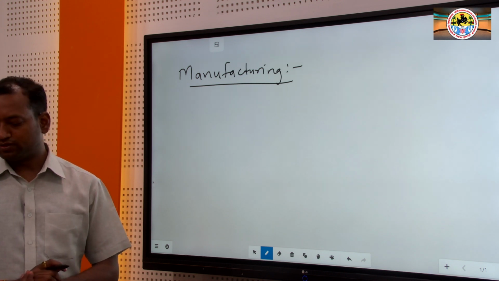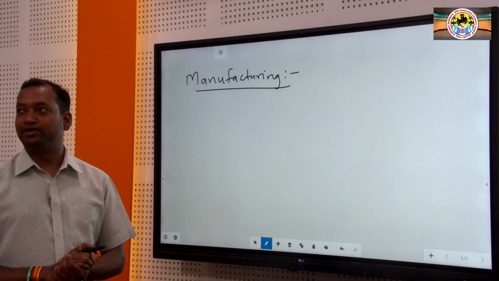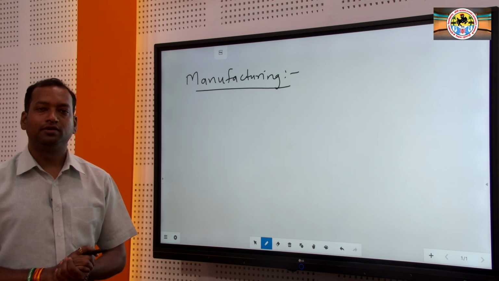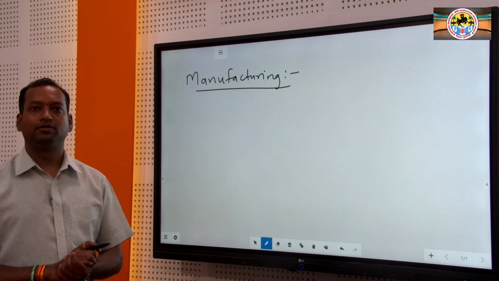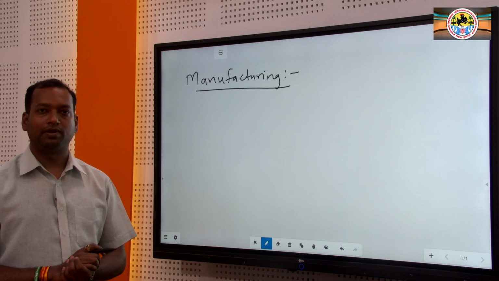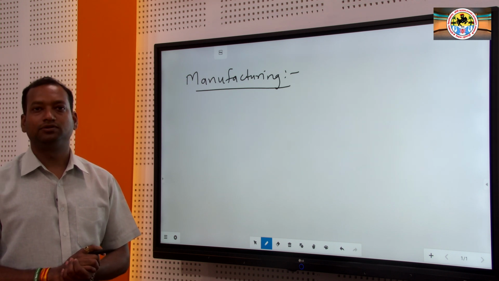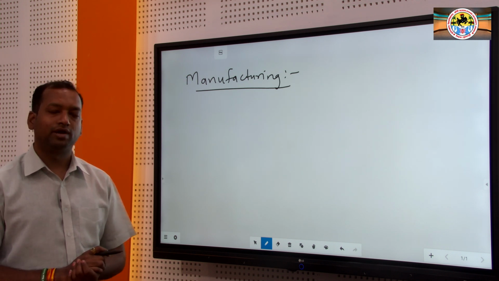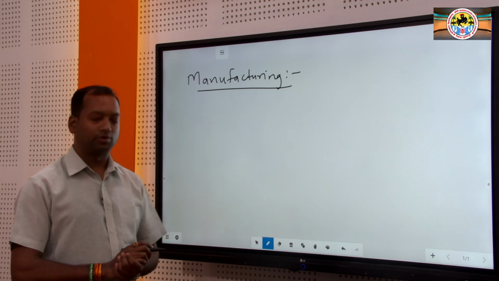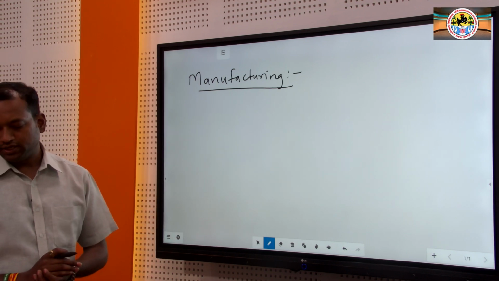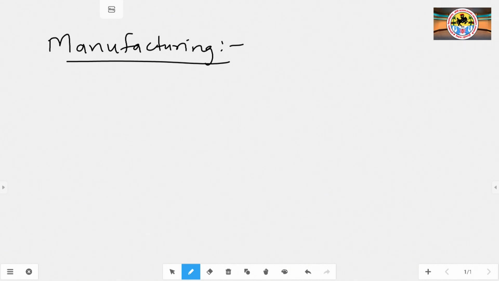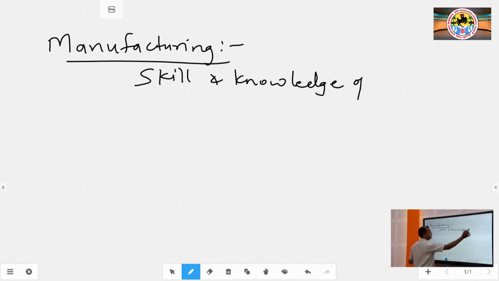Manufacturing is basically a complex activity which involves all the equipment, machines, tools, etc., and manual power. Knowledge of the material is the basic requirement of the manufacturing process. So, it requires skills and knowledge of materials together.